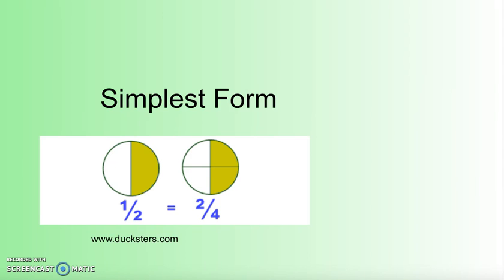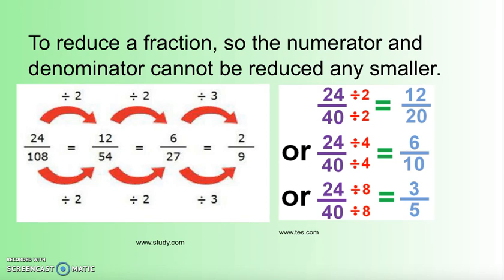Our next term is simplest form. And what definition would you give to simplest form? Yes, correct. Simplest form means to just reduce, and we mostly worked with fractions and with simplest form. And so reducing a fraction, basically that means that we reduce it so that the numerator and the denominator cannot be reduced any smaller.